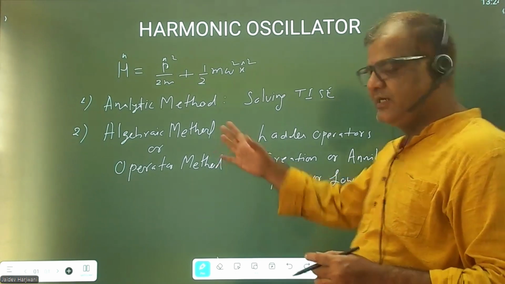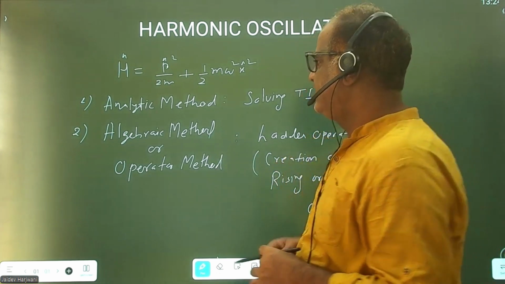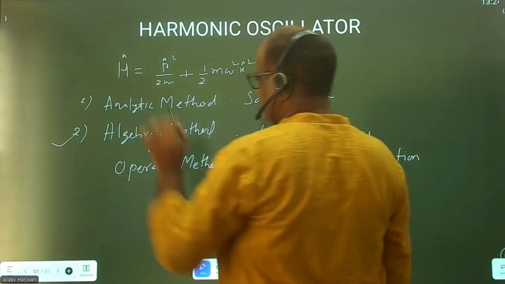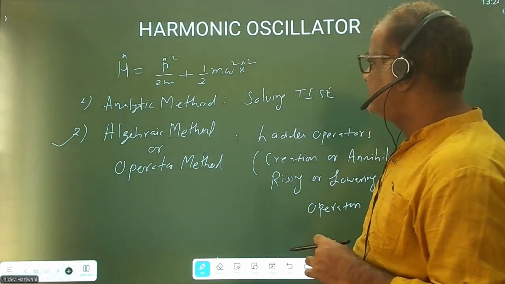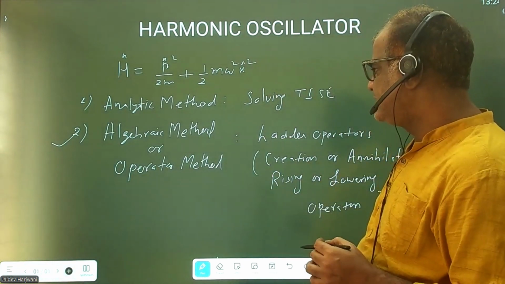This second method is very easy and elegant. So I will use this method first, and the analytical method we will see later. So let us go for the algebraic method.